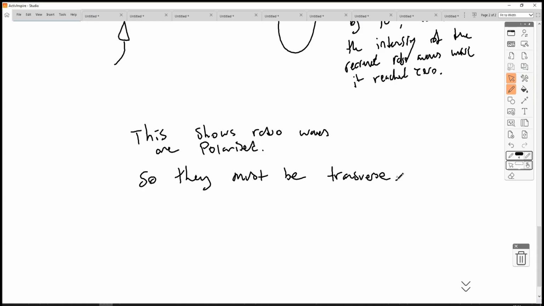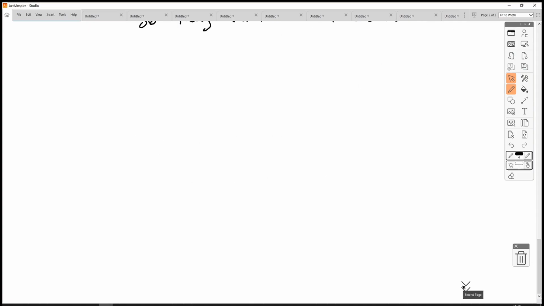Now, the radio waves were generated by an alternating current, and he knew the frequency of his alternating current. Therefore, he knew the frequency of the waves being generated.